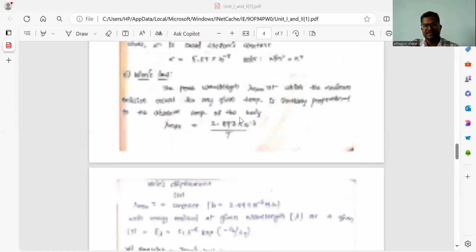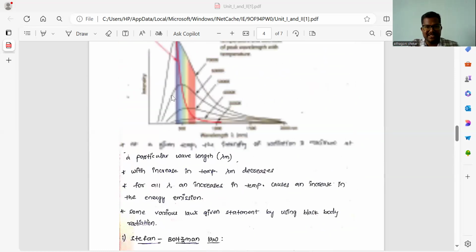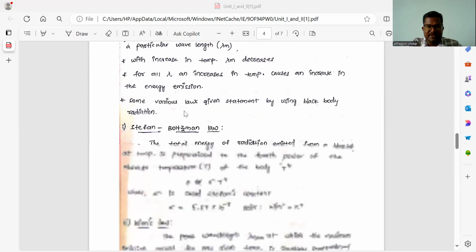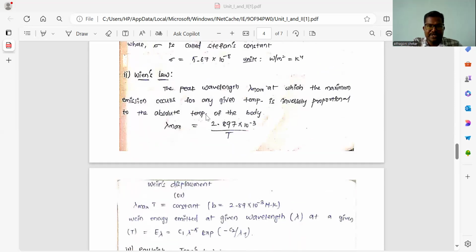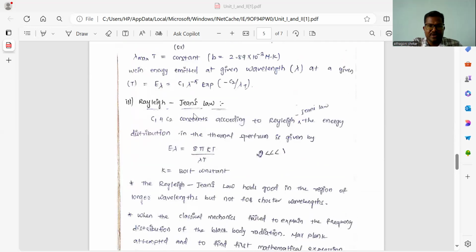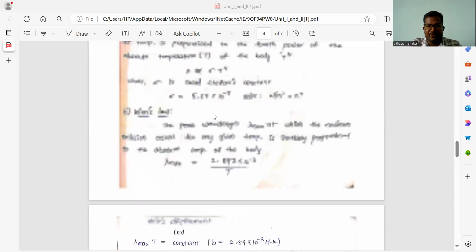What is the meaning? We see the picture or graph. What is the formula? According to Rayleigh-Jeans, the thermal spectrum is given by the equation E equal to 8πkT by lambda power 4, which means E is always inversely proportional to lambda power 4.